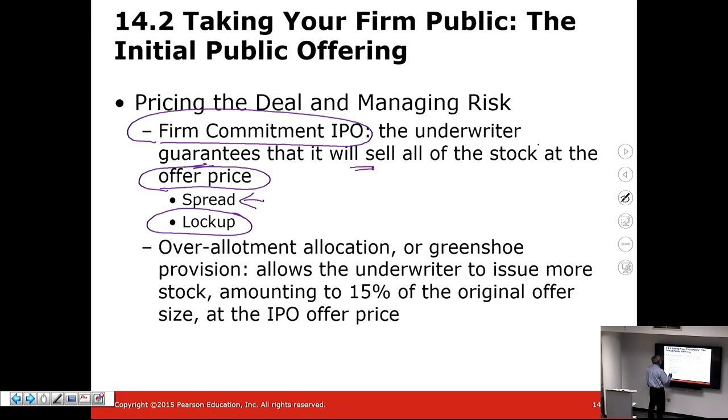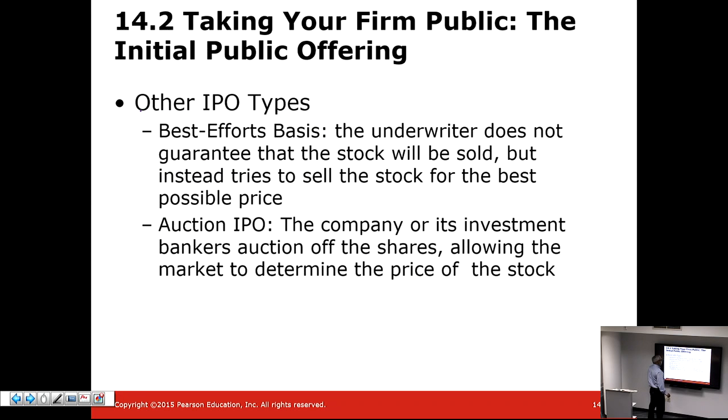For well-known firms, they usually use the firm commitment method for IPO. For lesser known firms, they may have to rely on best efforts method because the underwriter is unwilling to guarantee a price because of the riskiness of that company or less name recognition of the company.